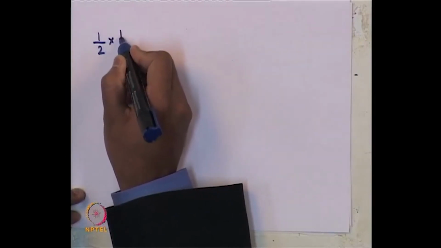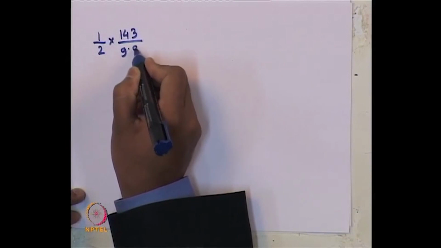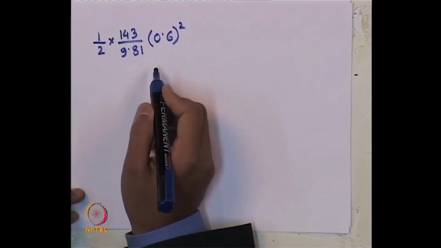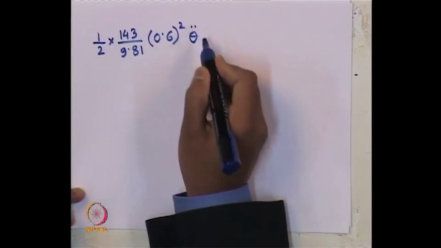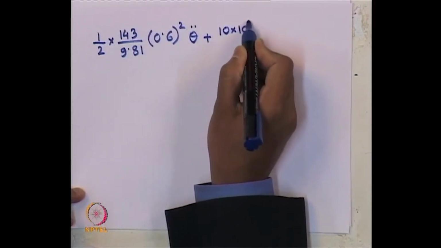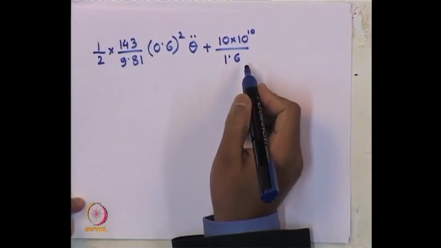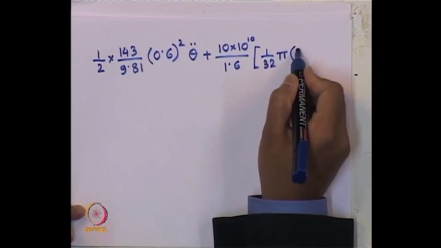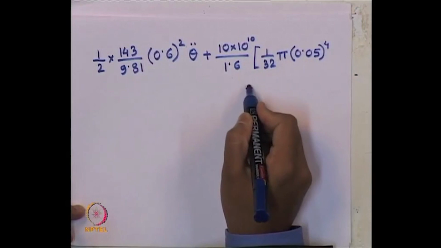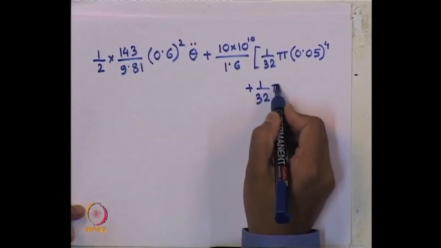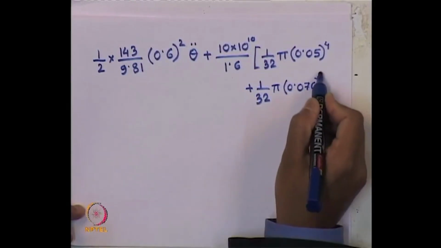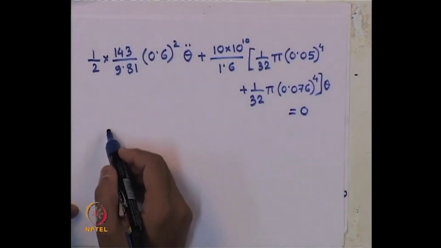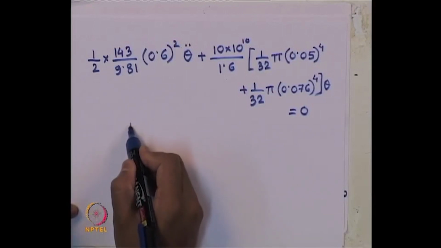Half into 143 by 9.81, that is m, r square, half m r square is the I zz, theta double dot plus 10 into 10 to the power 10 by 1.6 into 1 by 32 pi 0.05 to the power 4 plus 1 by 32 pi 0.076 to the power 4, theta equals 0.